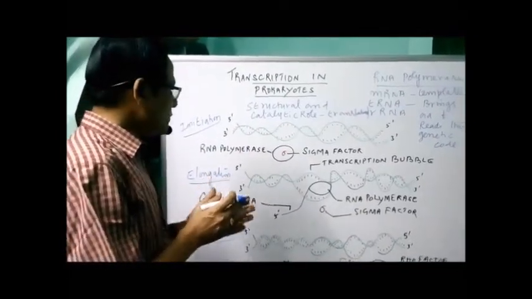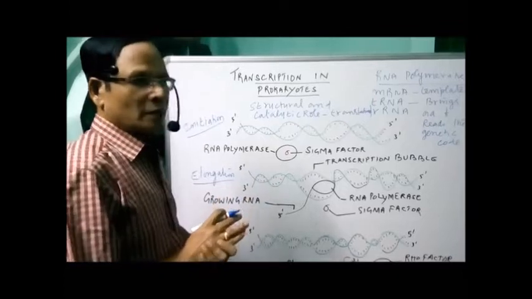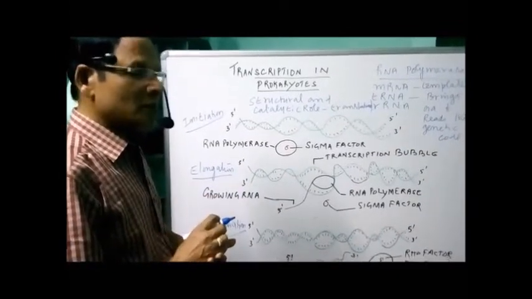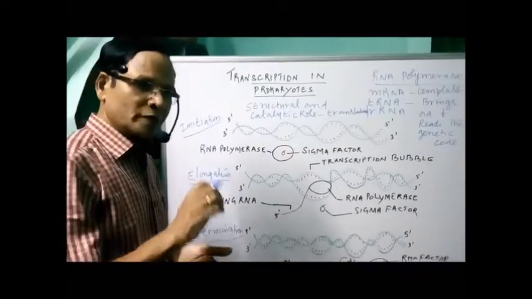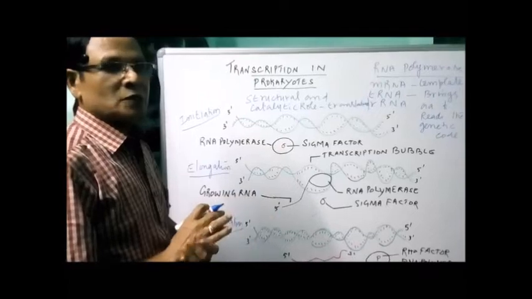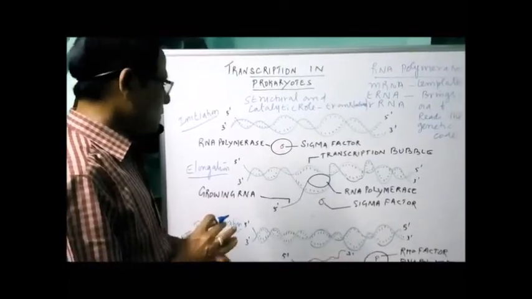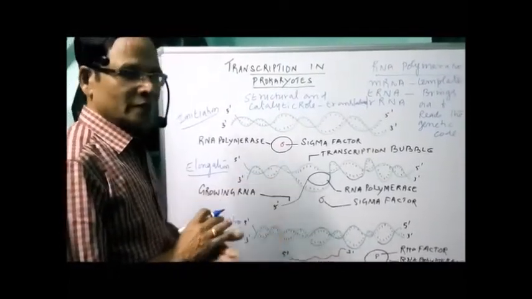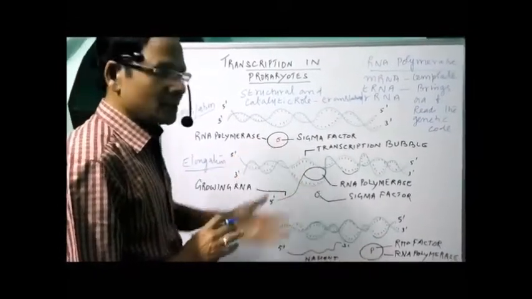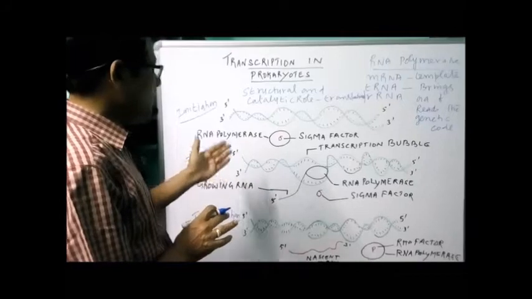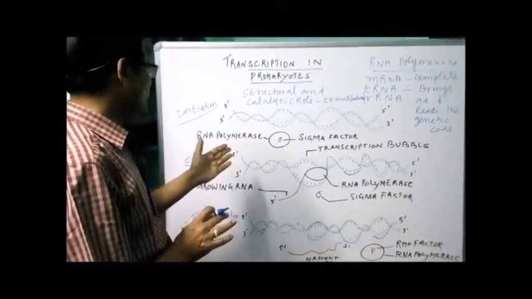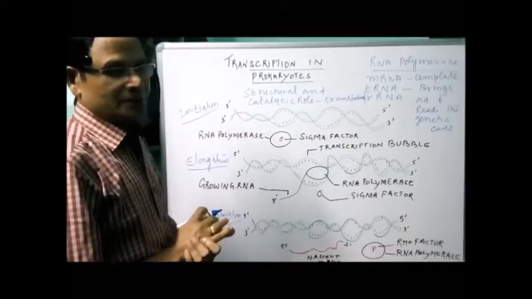The bases present in mRNA are similar to the coding strand and complementary to the template strand. So, following complementarity, the nucleotides are added one by one in a chain-like structure by RNA polymerase.